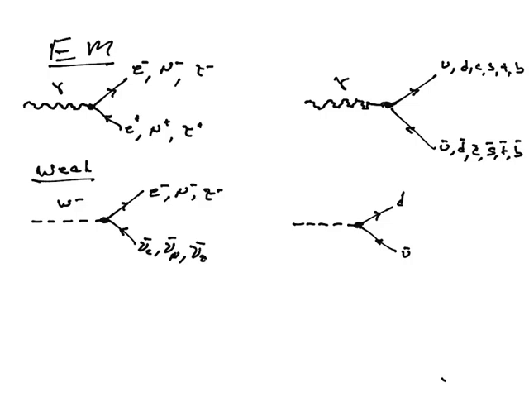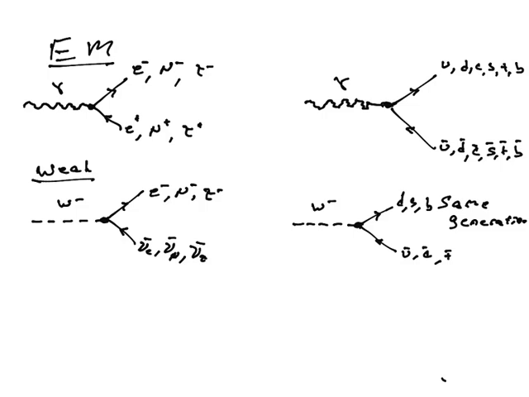This would be, well, W minus here, I believe. This would be same generation or same family. So you could have down, anti-up, you could have strange, anti-charmed, or top, not top, bottom, sorry, bottom, anti-top.